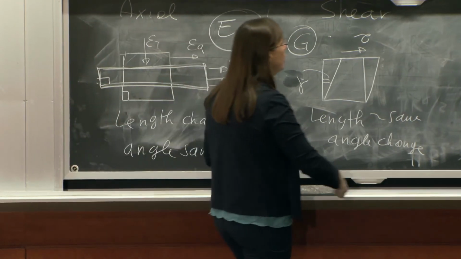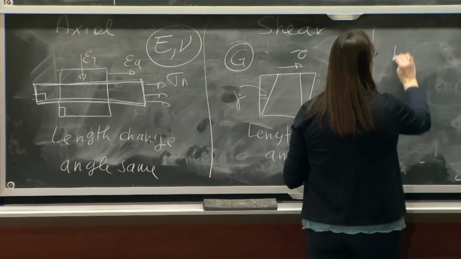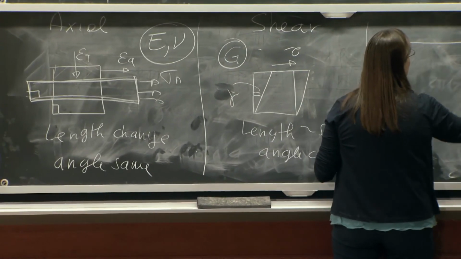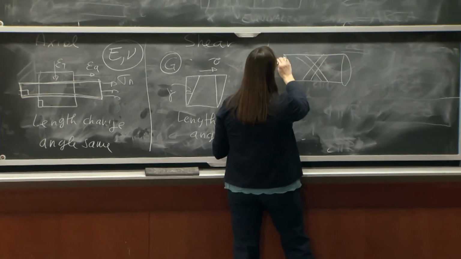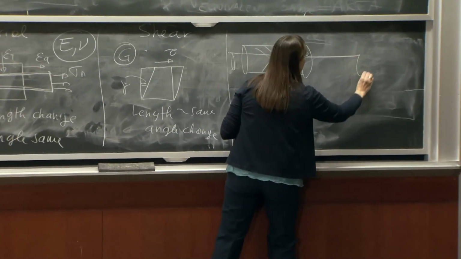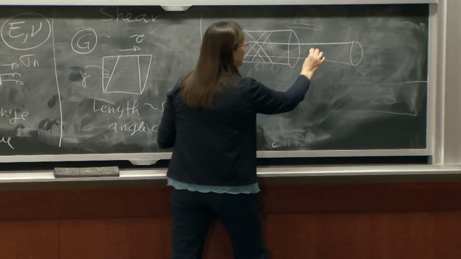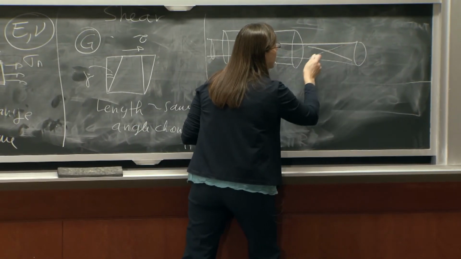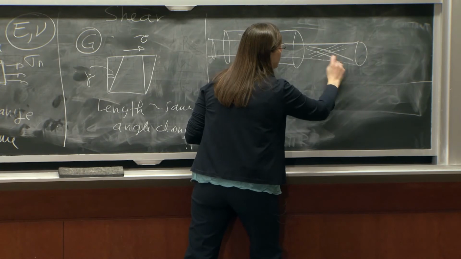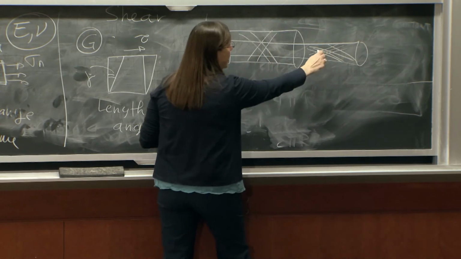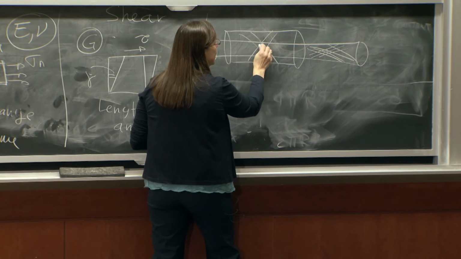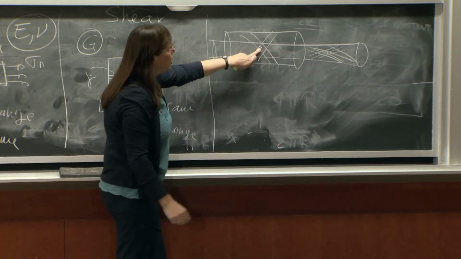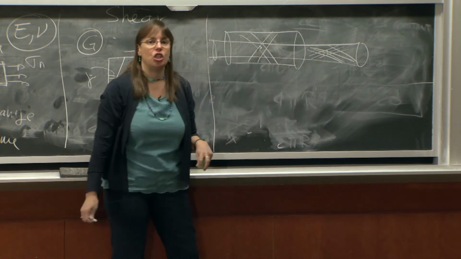If I have something in tension like this tube, and I look at the lines that maybe start like that, once the tube gets longer, now the lines look like that. And the angles between these lines that maybe used to be square there, now those angles have changed.